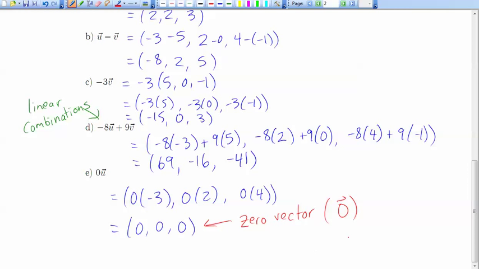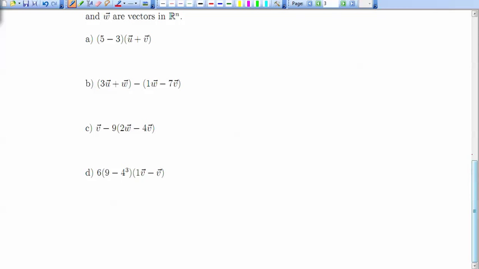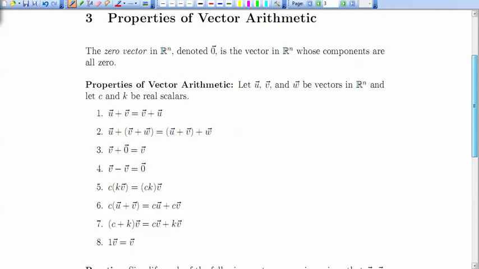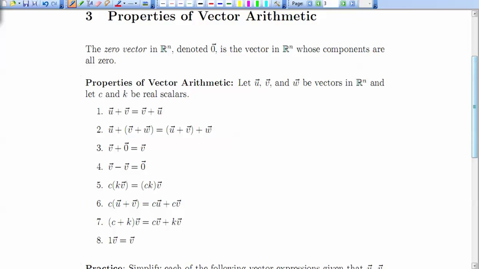All right, so let's just talk about some abstract properties of this vector arithmetic here. We have a big long list that has to be true for all the different vectors. We mentioned already the 0 vector, and we use this 0 with the arrow above it to denote it. Now, if you take a look at these 8 rules for vector arithmetic, they're pretty obvious.